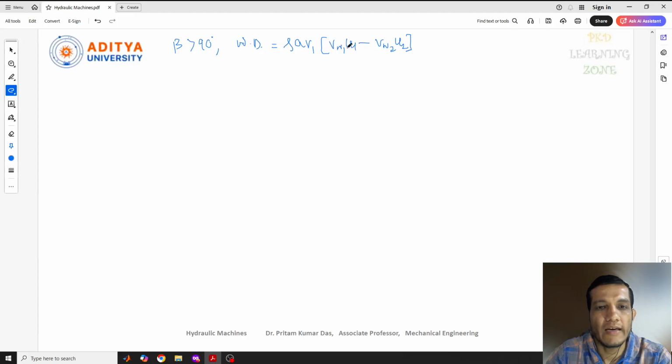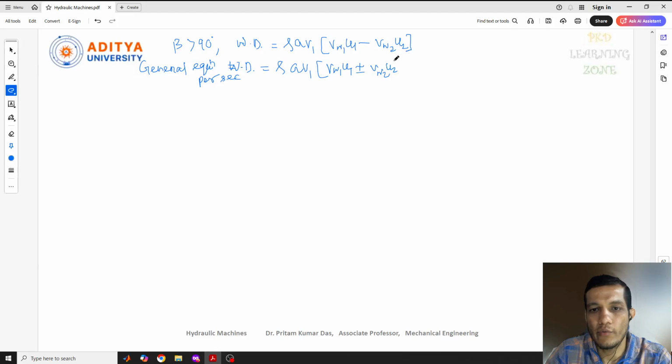So by considering this equation and the previous equation, we can give a general expression for work done per second: rho a v1, bracket start, v w1 u1 plus or minus v w2 u2.